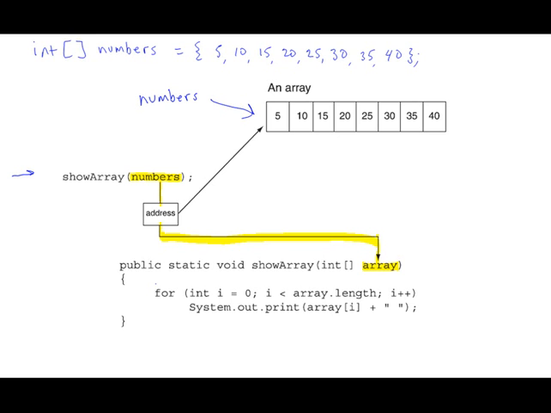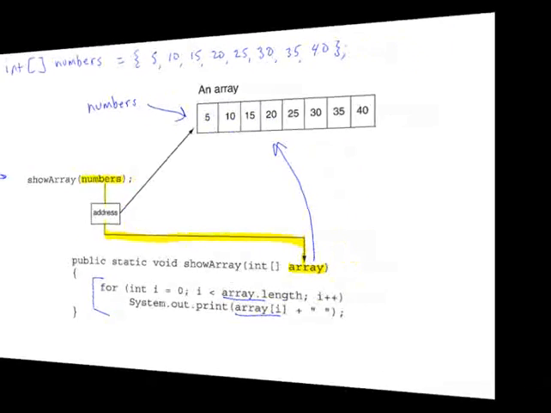Once that happens, the array parameter refers to the same array that numbers refers to, and then here in the method we have the for loop that uses that array parameter to simply step through the array and display the contents of its elements.